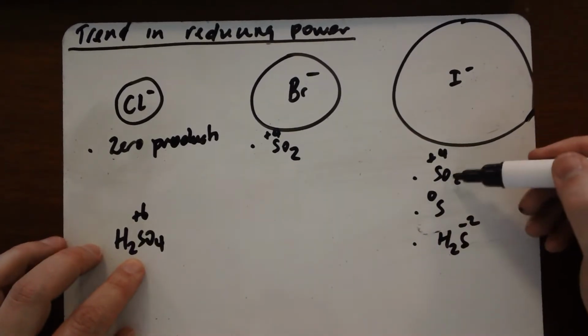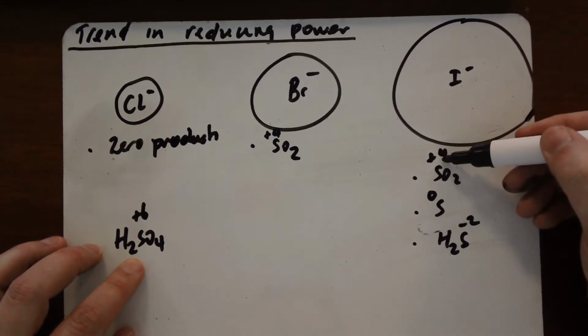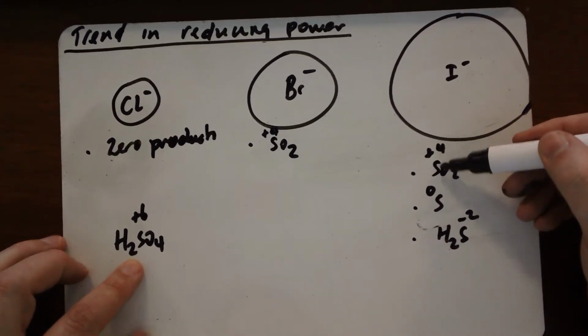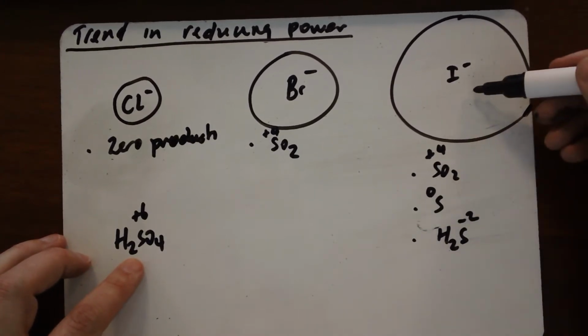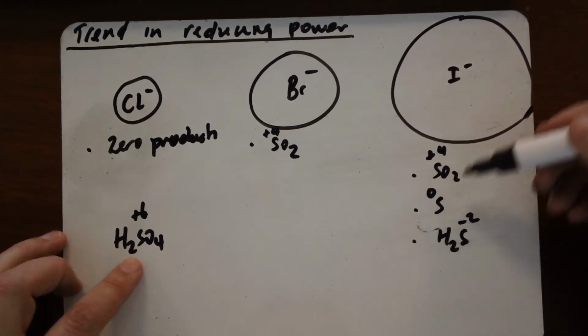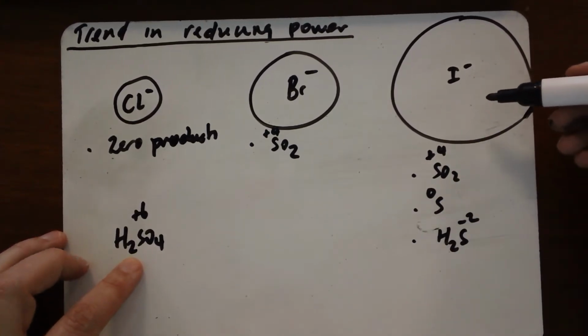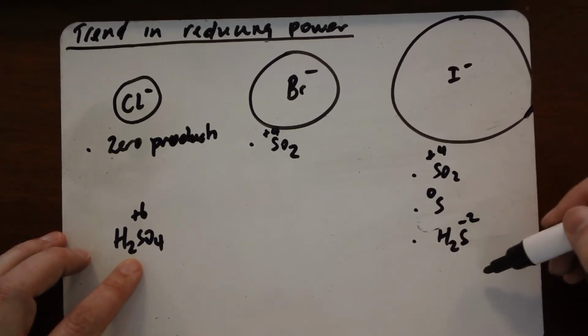It then gains 2 electrons from the iodide to produce a +4 oxidation state. It then gains a further 4 electrons, so a total of 6 electrons from the iodide, to produce sulfur of 0 oxidation state. And then the iodide gives a further 2 electrons to form H2S.